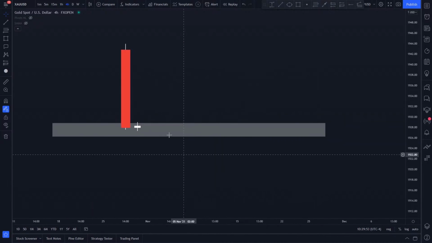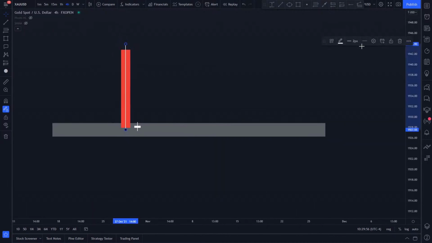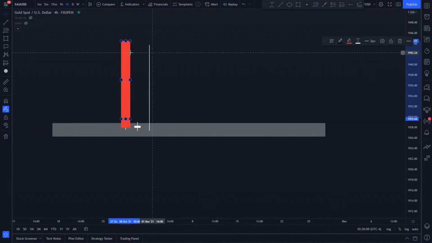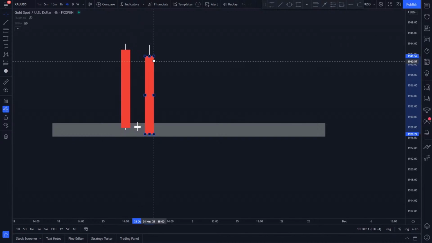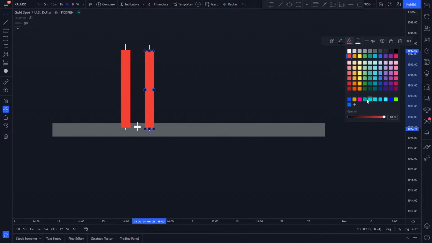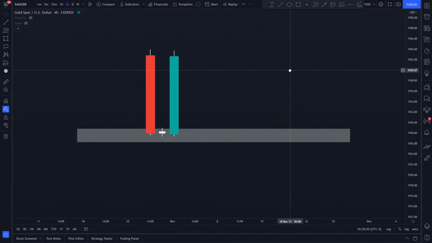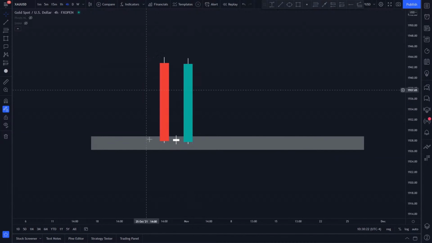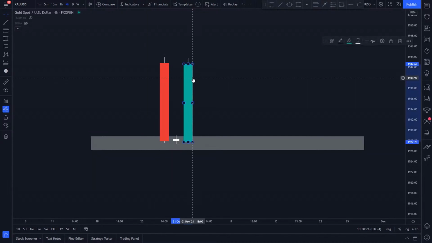All right. And then let's clone that again. And this is going to be a bullish candle, right? So this is the morning star, okay? You need to see this formation right here.